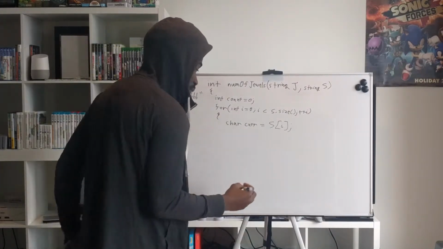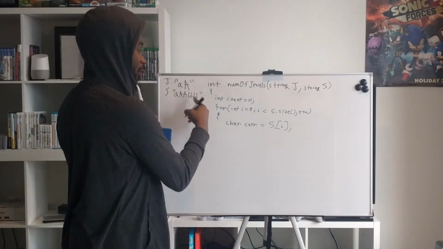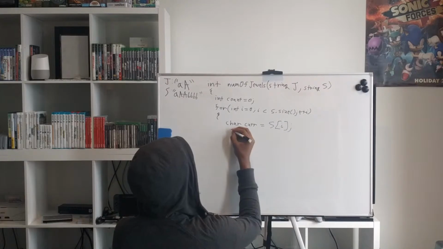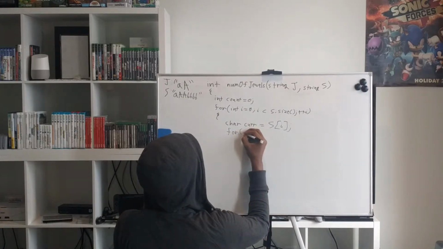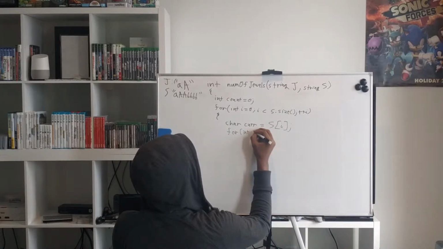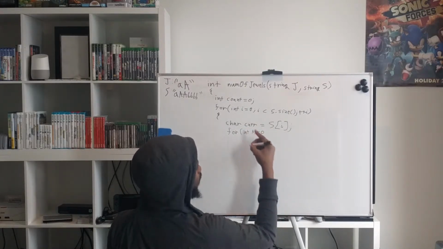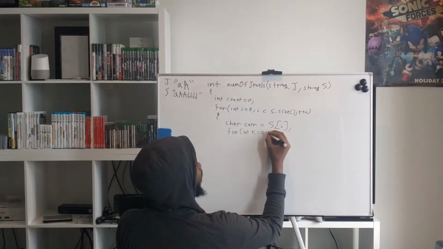Now, what we want to do after that is compare it to every character in J. So we're going to have an internal loop. I'm just going to kneel down here to make it easier for y'all to see as I'm doing this. So we have an internal loop that's for int k equals 0. And we can use whatever we want, but I like to use k or something that doesn't look like an i. Right?